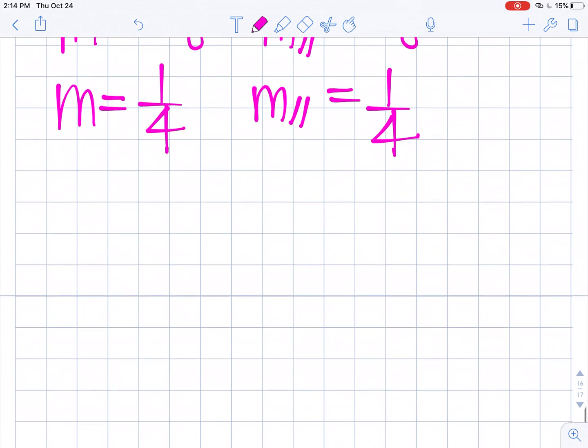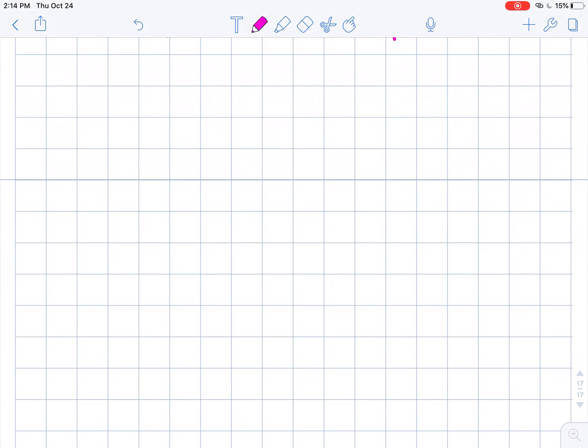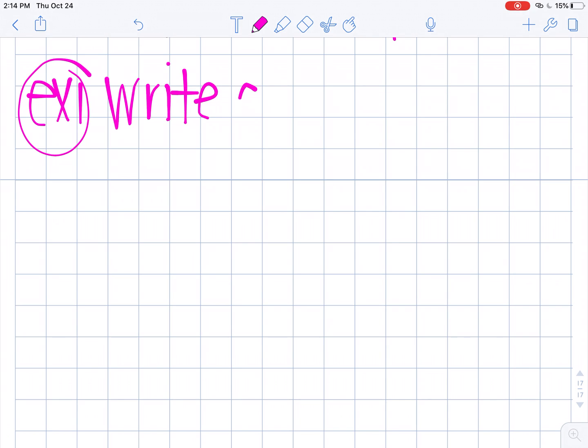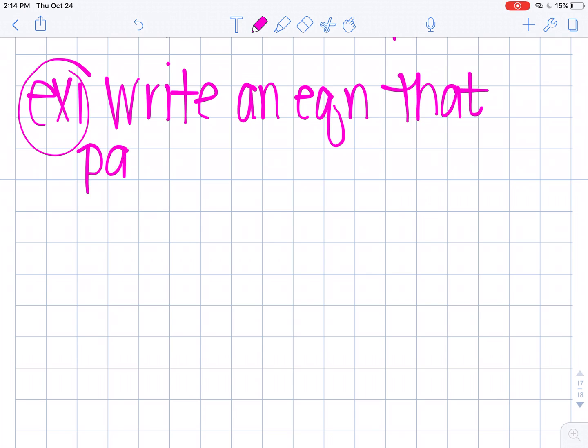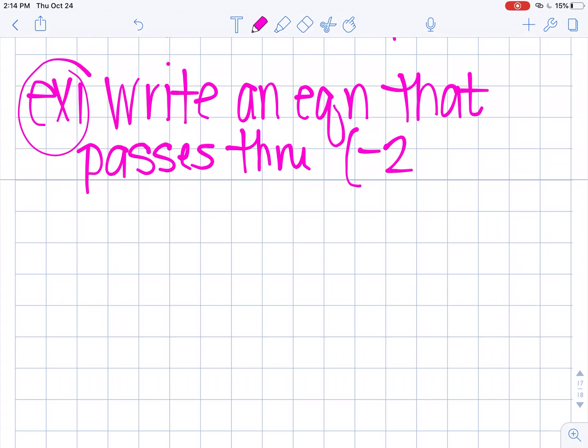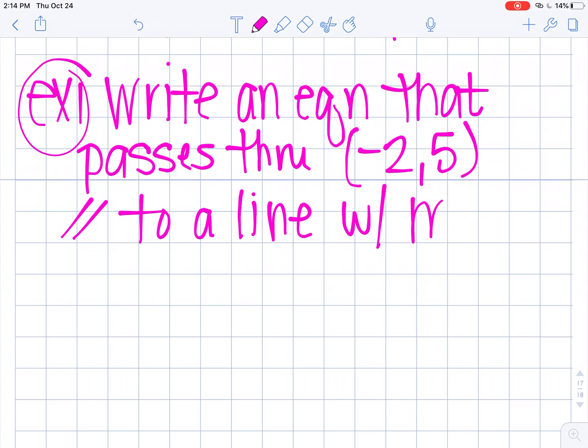So, if I gave you a problem that said, I want you to write an equation that passes through the point -2, 5, that is parallel to a line with a slope equal to 3, I'm just going to use my same pieces of information that I know.